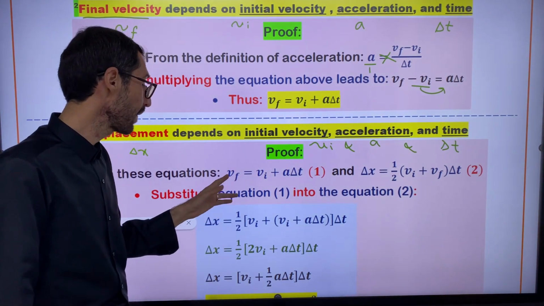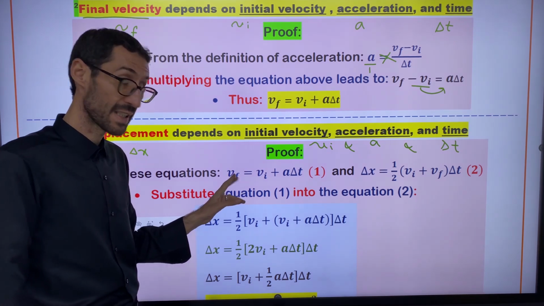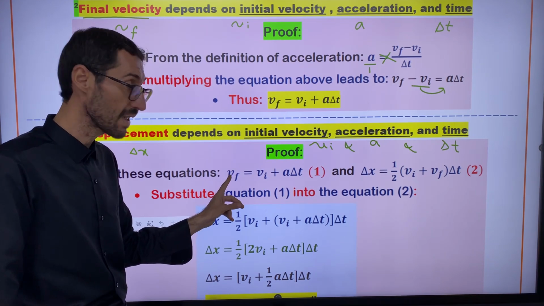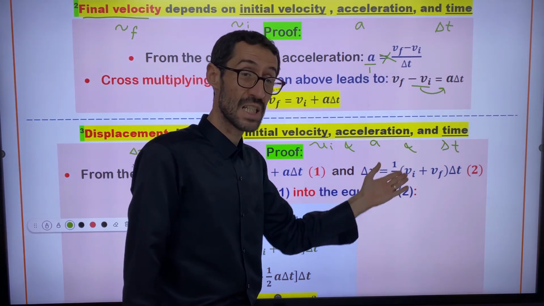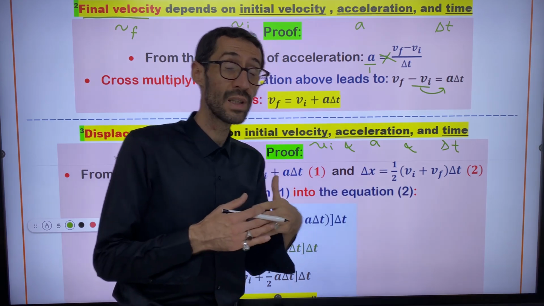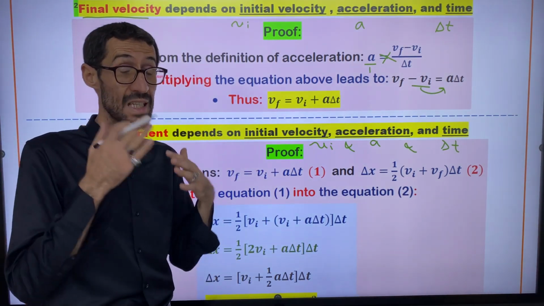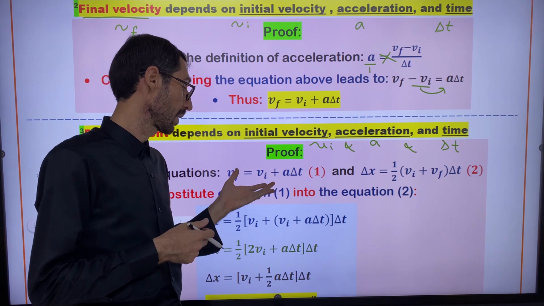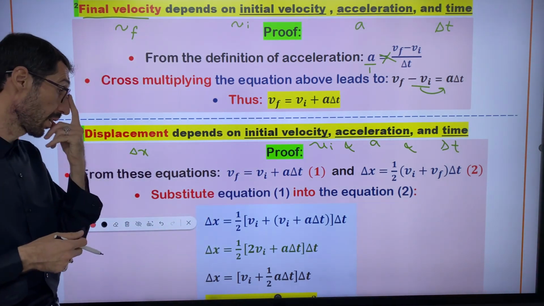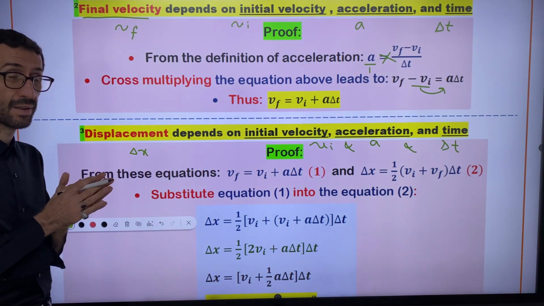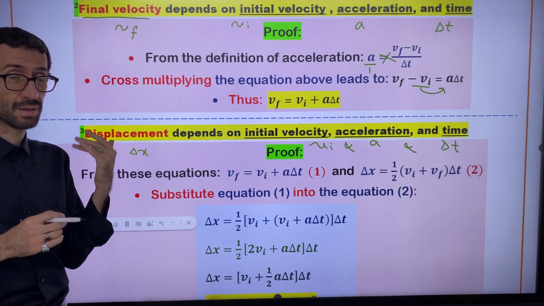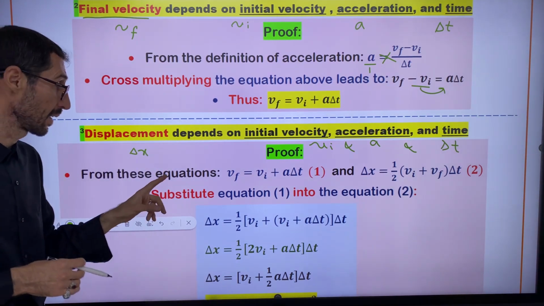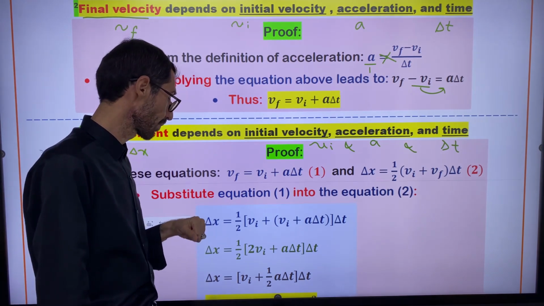That's why whenever you substitute this law for final velocity in the law of displacement, final velocity will disappear, and we are going to prove the law without final velocity.